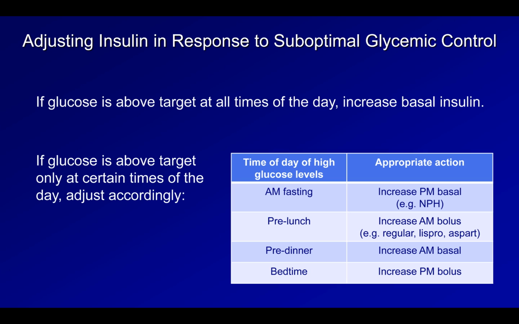The provider may need to increase the glargine dose, but in order to decrease the risk that hypoglycemia will develop at other times of the day, he or she may need to simultaneously decrease all of the bolus doses such that the total daily dose of insulin is increased very modestly.